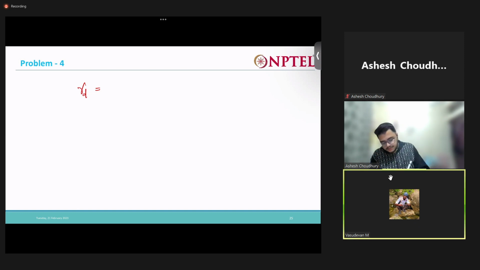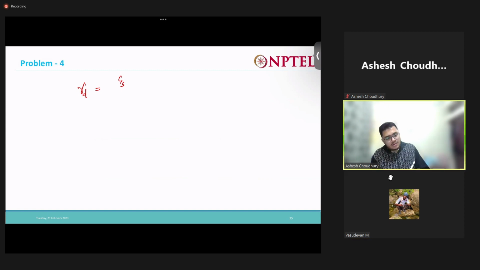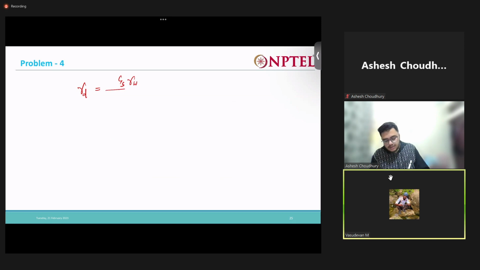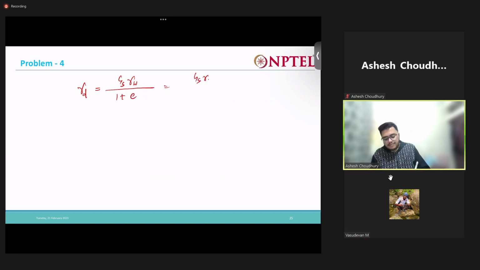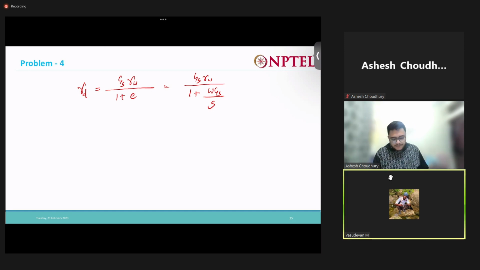Gs gamma w divided by 1 plus e, right? This e we can replace by w Gs by S.